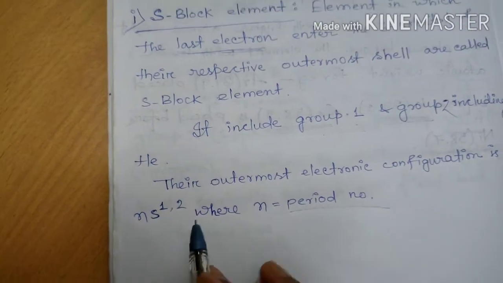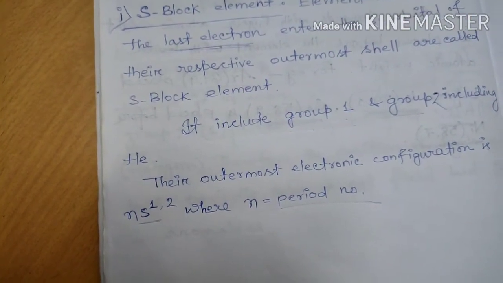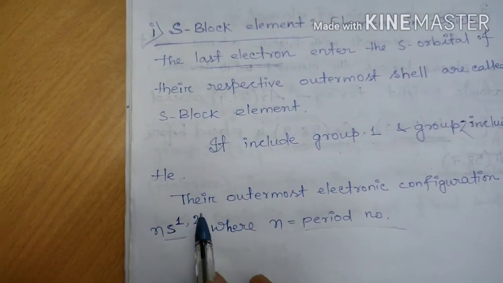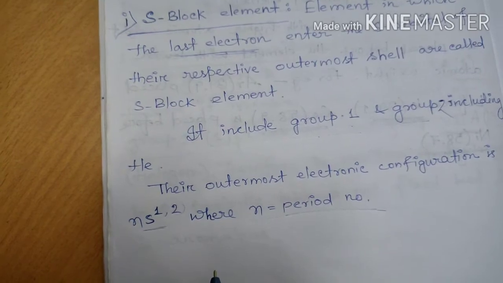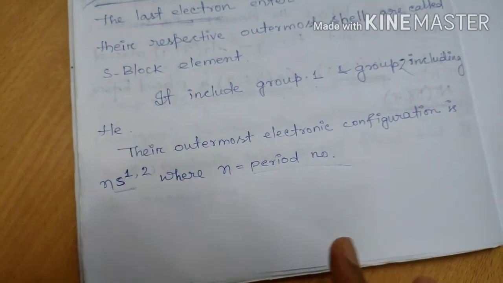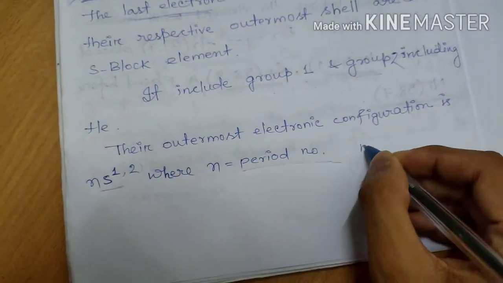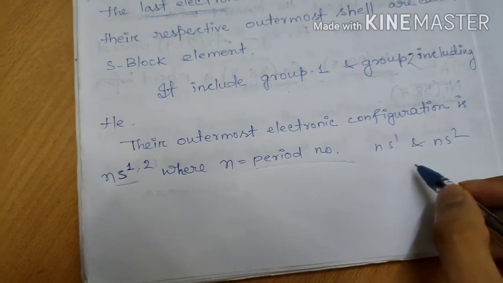Here s is the subshell, and the 1 or 2 is the number of electrons. So the outermost electronic configuration of S block elements may be ns1 and ns2.